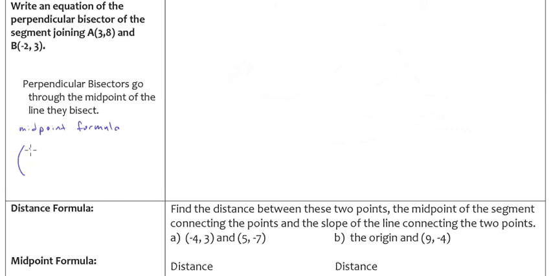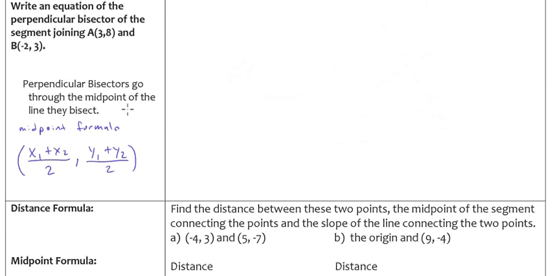So the formula itself is (x1 plus x2) divided by 2, again, just the average of the x's, comma, y, let me change that x to y, (y1 plus y2) divided by 2, again, just the average of the y's. So if memorizing formulas is an easy thing for you, then certainly just memorize (x1 plus x2) divided by 2, comma, (y1 plus y2) divided by 2.